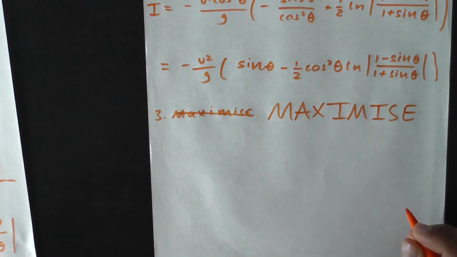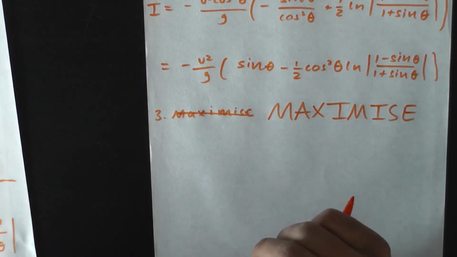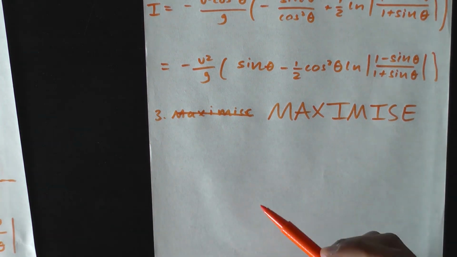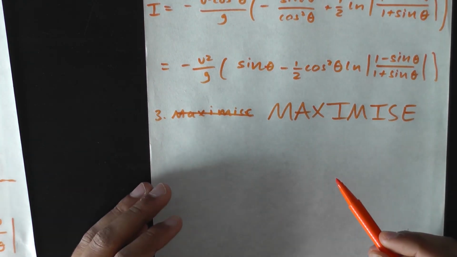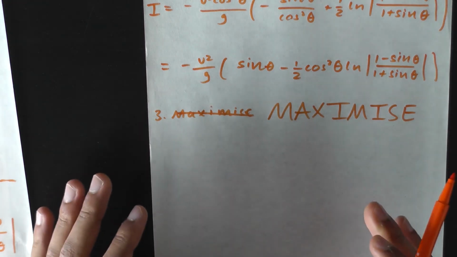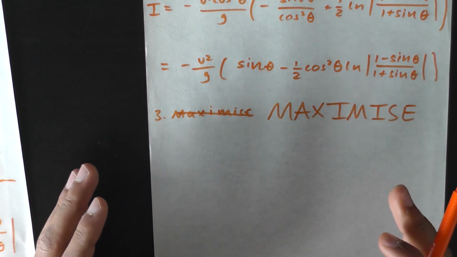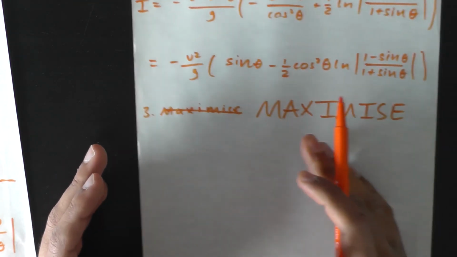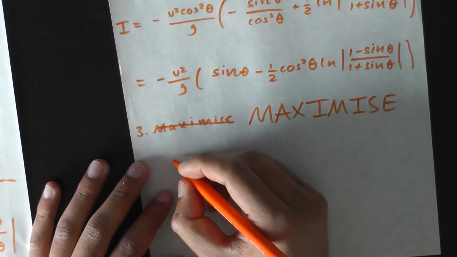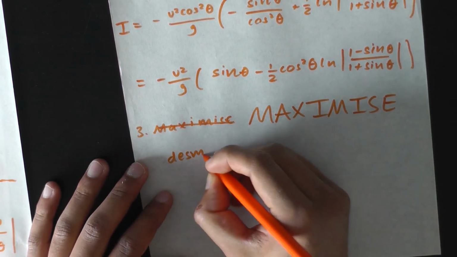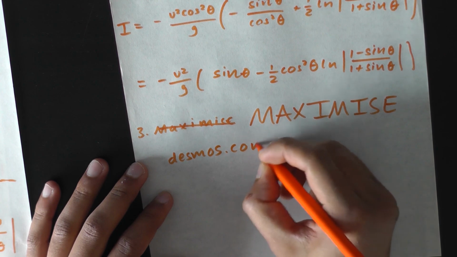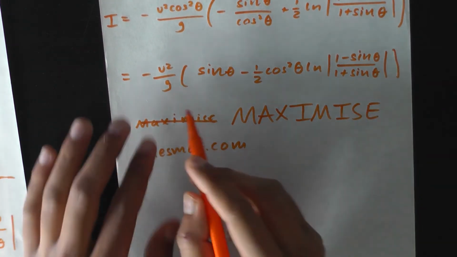Okay, so I'll cut you the long story. Differentiating leads to no solutions in this. You just don't get an answer, you can't solve it algebraically. So what we're going to do from here, go on Desmos.com and we're going to graph this.